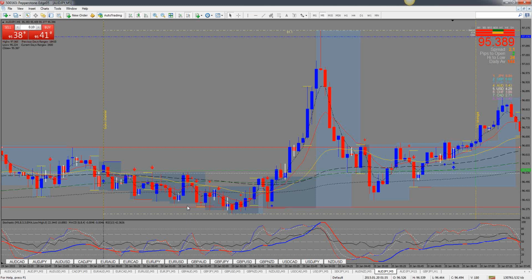But what did it do? It went up. It came back and it did what? It came down and then it went back up. But it retested it, right? It retested this consolidation, right?